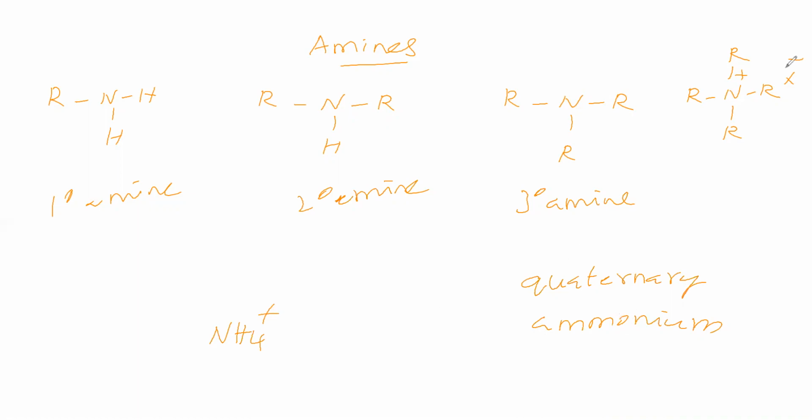Here plus charge and minus charge are there, therefore it is a salt. So we can say quaternary ammonium salt. So we have taken primary amine, secondary amine, tertiary amine and quaternary ammonium salt here. Now we will see some of the IUPAC names.